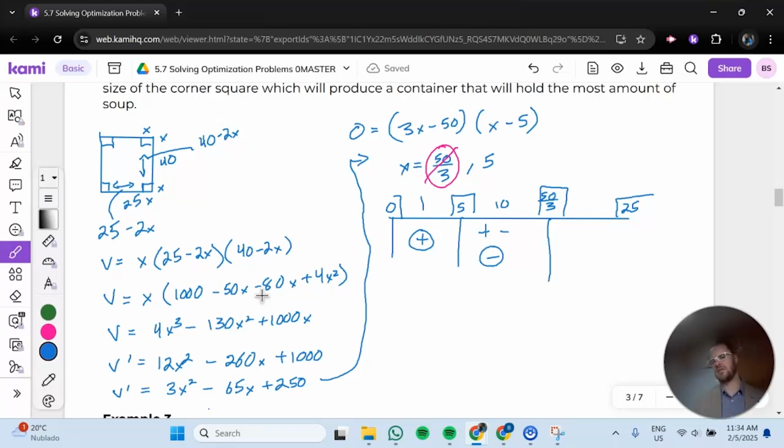And then if I put in something bigger than this, like 20, that's going to be a positive. And so you can see now why this one doesn't work. This here is clearly a max, but this is actually a minimum. And it doesn't even work, because like I said, if we take out 18 inches from both sides, it literally ends up with no side. So this is actually our max, though.